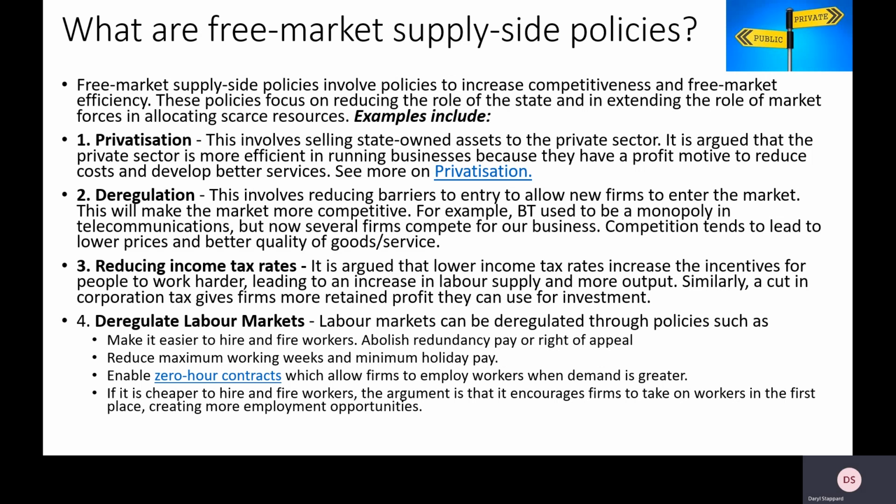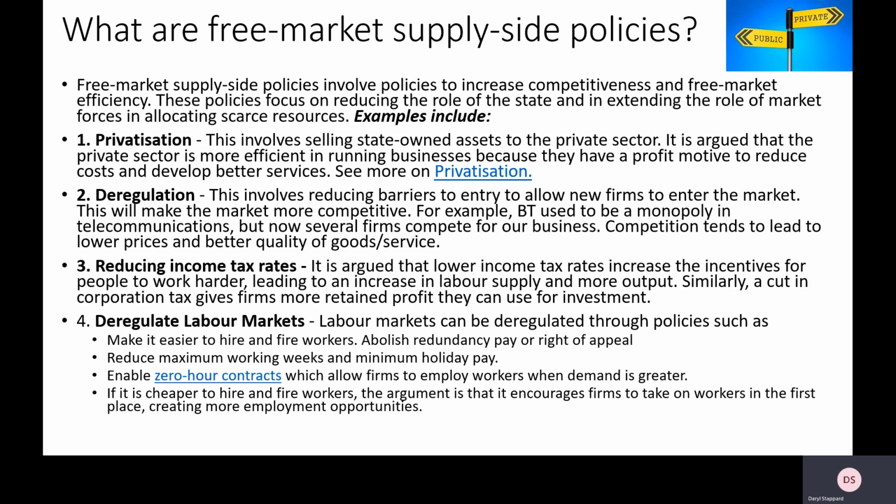If we sell these businesses off to the private sector, then we call that privatisation. We're allowing profit-making companies to run these industries for us. And as soon as these firms come in, they want to generate profit. So they start to squeeze costs, they invest more money into capital, and that should lead to more productivity improvements across the economy.